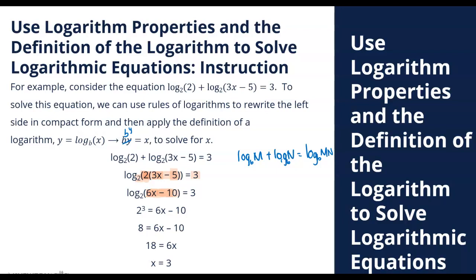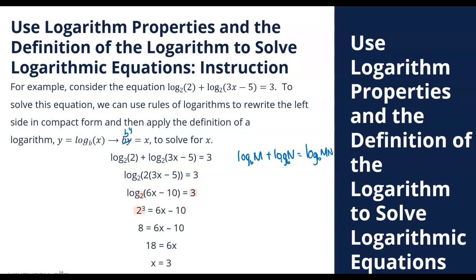Then we can use the definition of logarithm. We can apply the definition that log of x base b equal to y is equivalent to b to the y equal to x. So the base here is 2, and the exponent is 3.